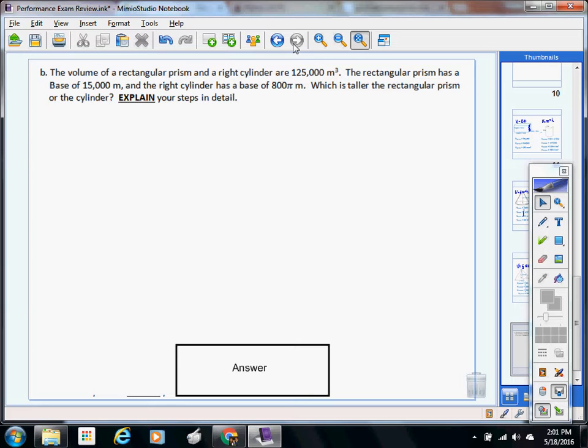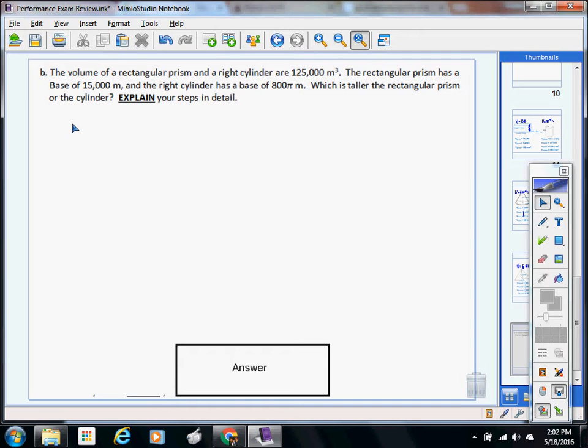What happened then was the cone was twice as high as the cylinder. Well, that's the same kind of thing going on here. It's saying the volume of a rectangular prism and a right cylinder is 125,000 cubic meters. The rectangular prism has a base of 15,000 meters.